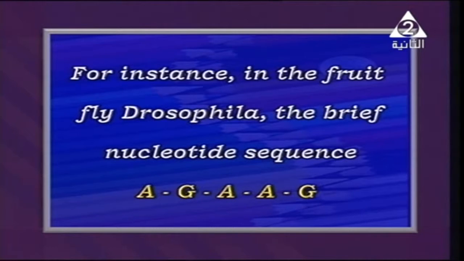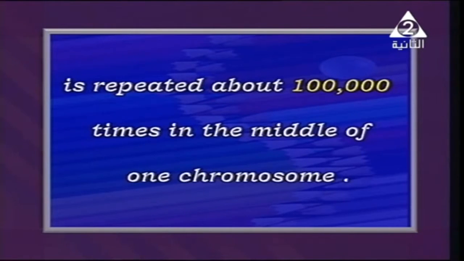It is complementary: thymine, cytosine, thymine, thymine, cytosine. This sequence is repeated about 100,000 times in the middle of just one chromosome. Imagine the rest of the chromosomes, how many times this repetitive DNA is repeated in just one living organism.